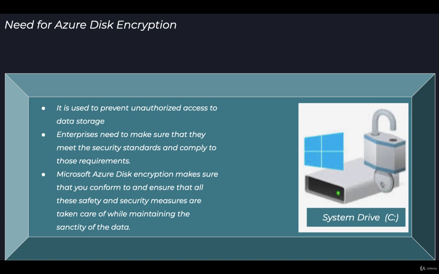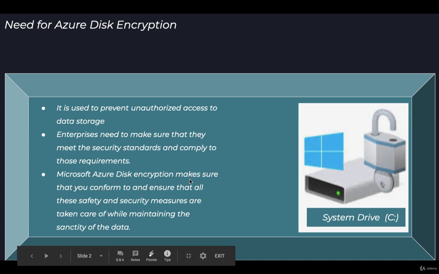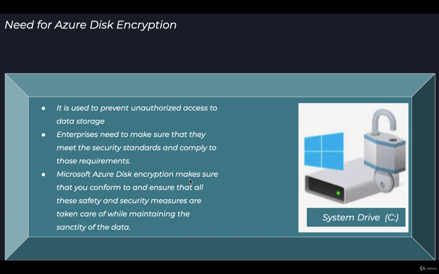PCI DSS requirement 3 talks about protecting stored cardholder data. So if you are putting PCI data onto virtual machines, you must have disk encryption. You should use this feature to encrypt the data stored on your virtual machines or servers. For Microsoft, Azure Disk Encryption makes sure that you conform to and ensure all the safety and security are maintained, along with maintaining the security of data.